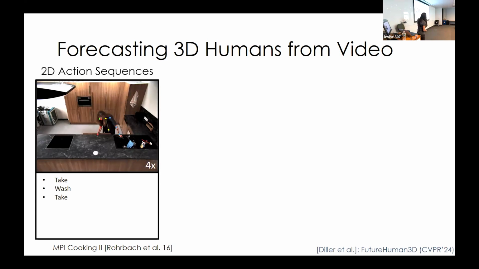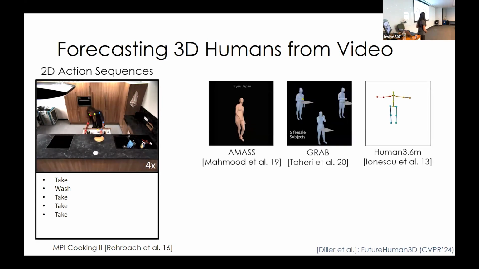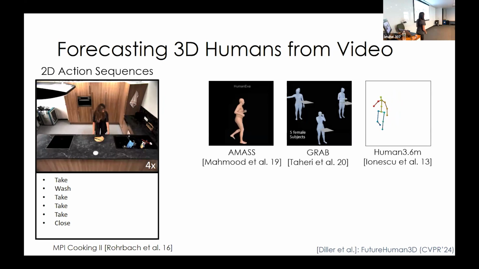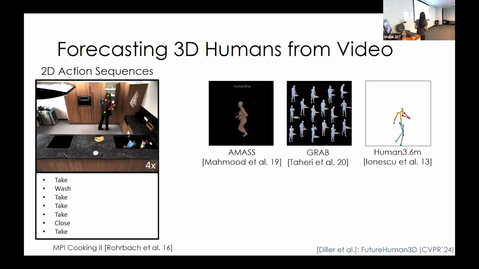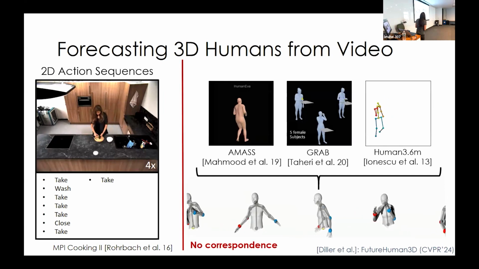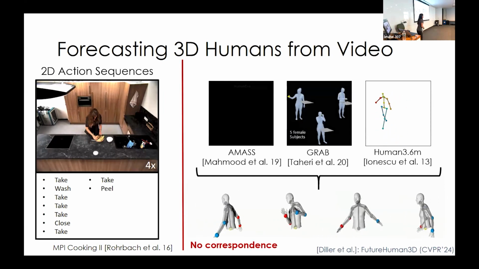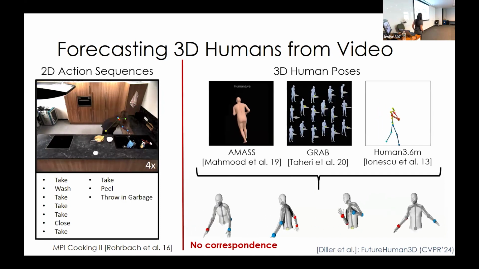It's just that we don't have the full 3D supervision here. We do, on the other hand, have data sets of what 3D people look like independent of their environments, and so we can try to combine this together. The main thing is to try to overcome the lack of correspondence between the video and the 3D here.